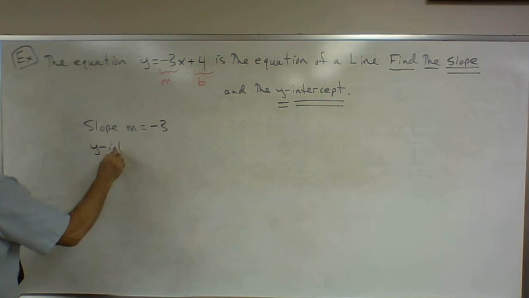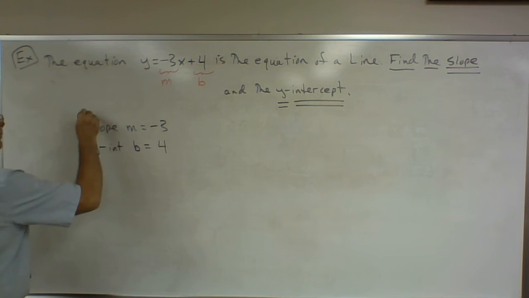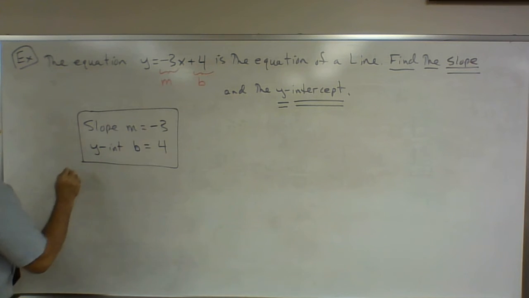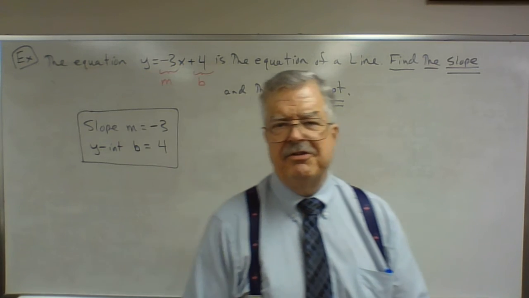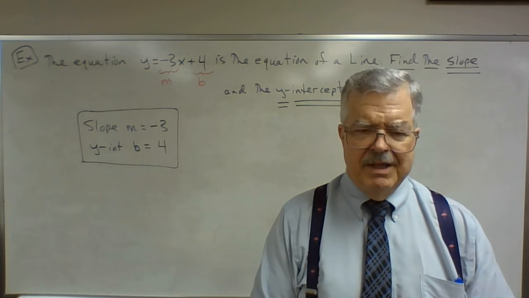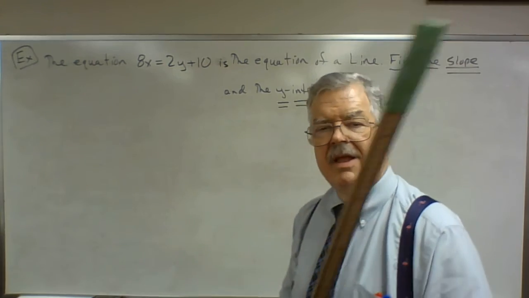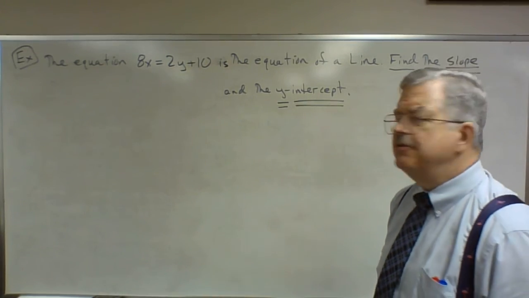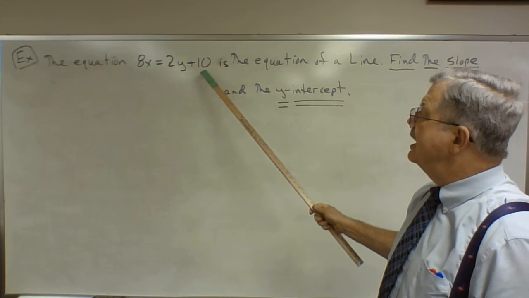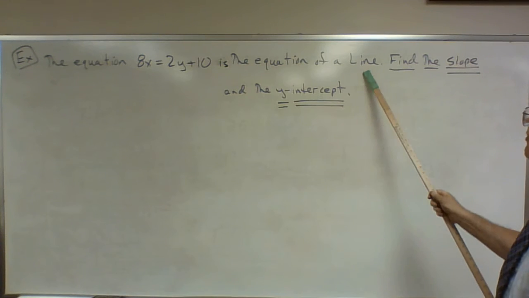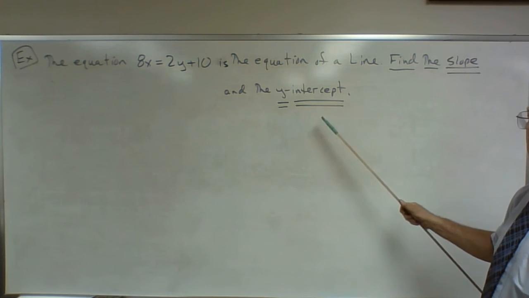And the y-intercept, b, is equal to 4. Now let's change this just a little bit. Slight twist. Yeah, this one has a little twist to it. The equation 8x equals 2y plus 10 is the equation of a line. Find the slope and the y-intercept.